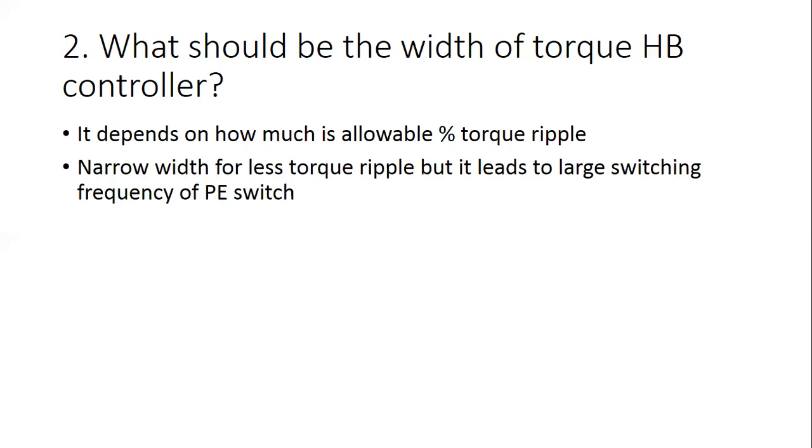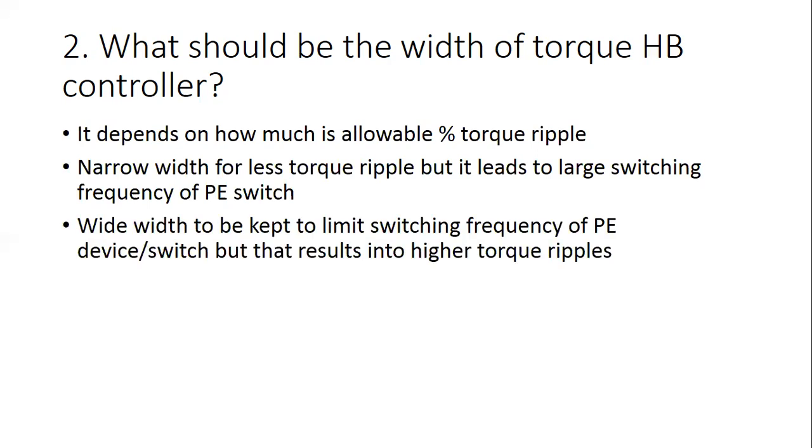Now a narrow width gives less torque ripple, but it leads to a large switching frequency, because if the width is zero, it is going to switch quite frequently. So it should be possible for us to accommodate such a large switching frequency. So that is the limit.